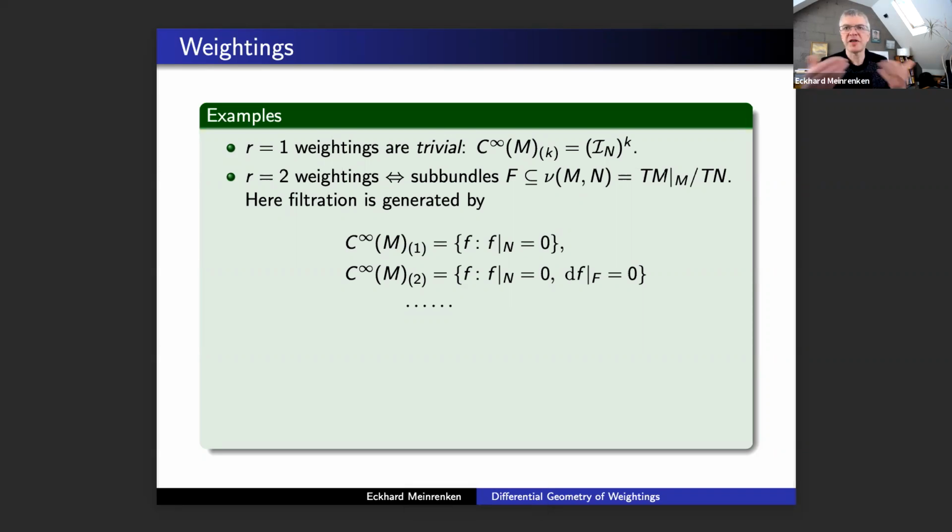And then the higher ones are just determined by taking products. I should emphasize the filtration, of course, has to be compatible with the algebra structure. That's the filtration as an algebra. So this is filtrations of order R equals 2.